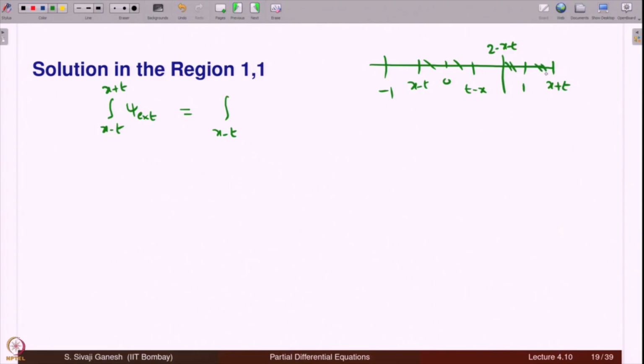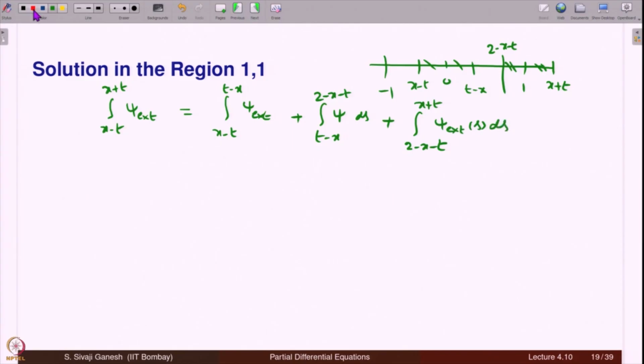Okay. So, x minus t to t minus x of psi extended, plus t minus x to 2 minus x minus t of psi, not extended because we are in the interval 0 1, therefore psi extended coincides with psi, ds, plus 2 minus x minus t to x plus t of psi extended.